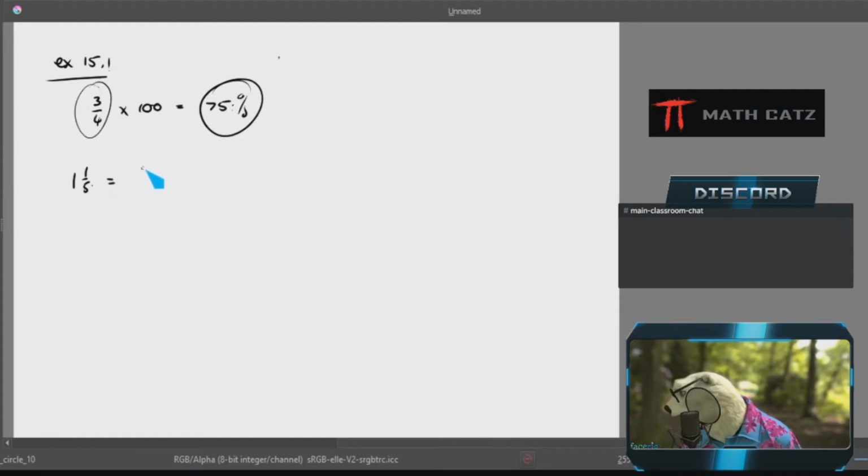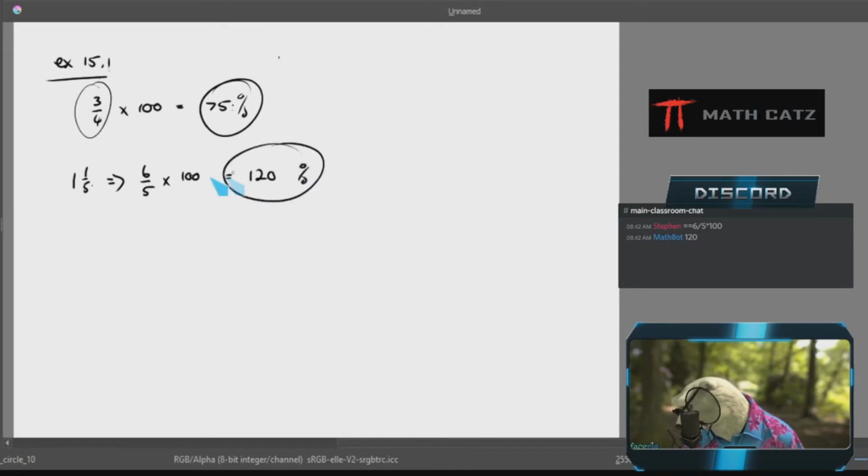So I'm going to go improper fraction, and then I'll multiply by 100. Maybe I don't know what that is. I don't have to. Calculator is totally fine. Let's do it. 6 divided by 5 times 100. And we get 120. So 120% is the same as 1 1/5, 6 over 5, whichever version you want.